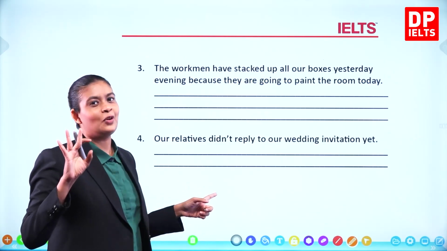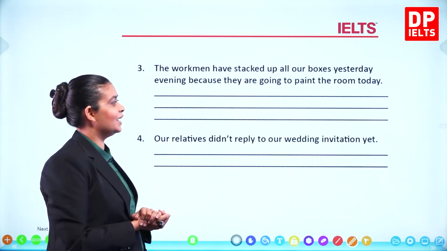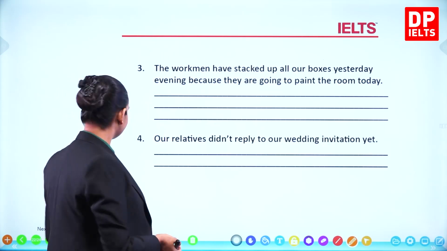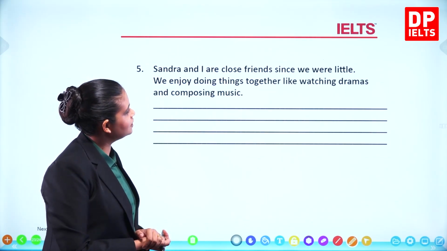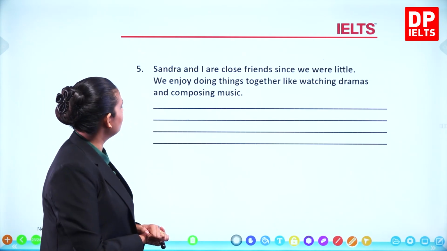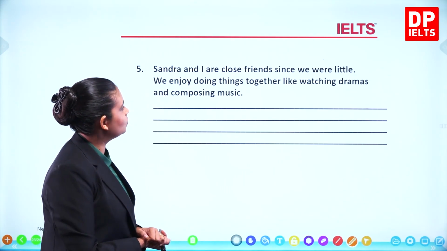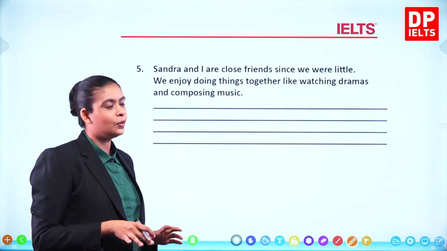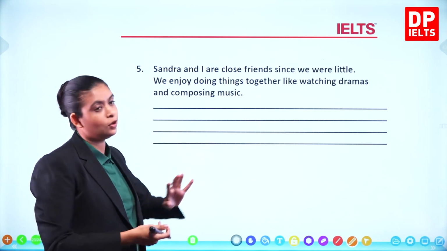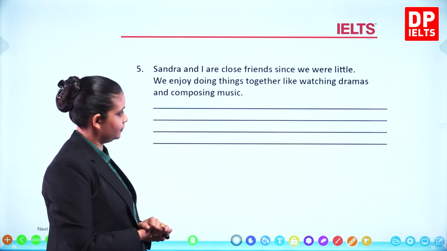But you've got to rewrite it properly. Sandra and I are close friends since we were little. We enjoy doing things together like watching dramas and composing music, right? So I hope you take some time and rewrite them on your own.